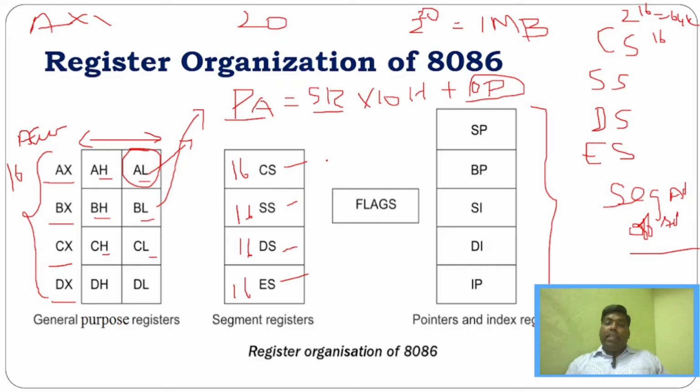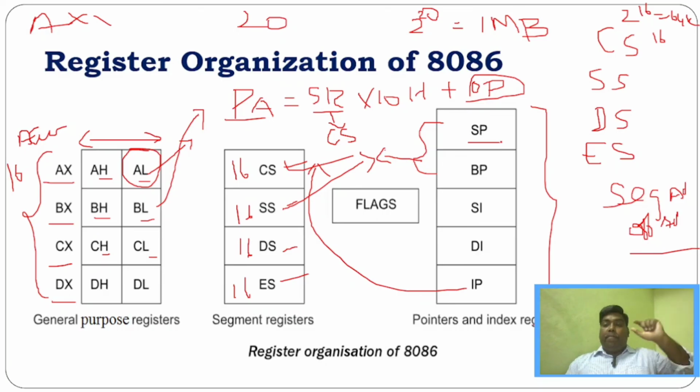So what does it mean for the CS? If the segment register is going to be CS, then IP will be the offset pointer for the code segment. Similarly, for SS, the stack pointer and base pointer will act as offset pointers. The stack pointer represents the first address, the highest address of the stack, and the other addresses can be accessed using BP.